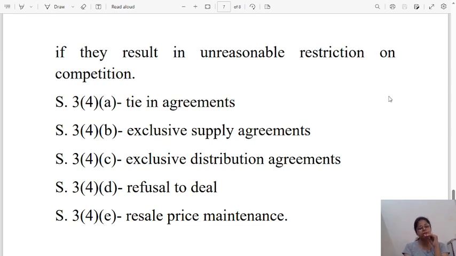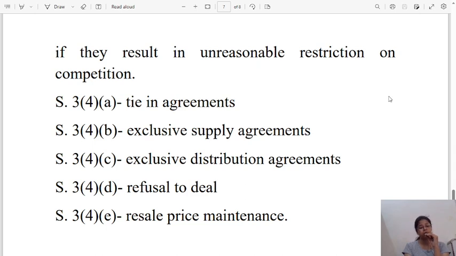In subclause E, it is resale price maintenance. Say for example, A sells a particular product to B. Now B has to further sell it to some other customer. Now A is imposing a condition on B that you will sell this product to the next customer only at a certain price. Say that product is X. You cannot sell that product X at more than 100 rupees, or maybe you cannot sell it at less than 100 rupees, or maybe you have to sell this particular product only at 100 rupees.